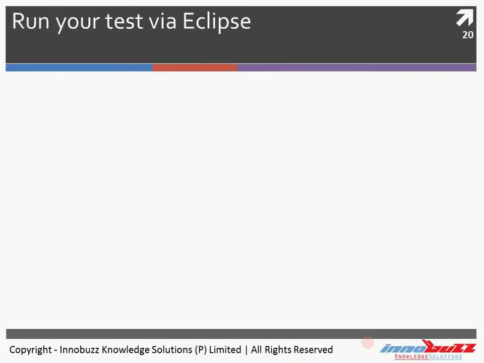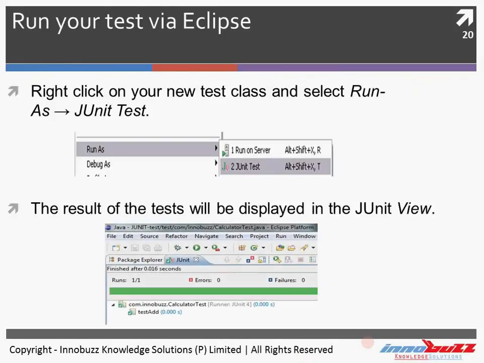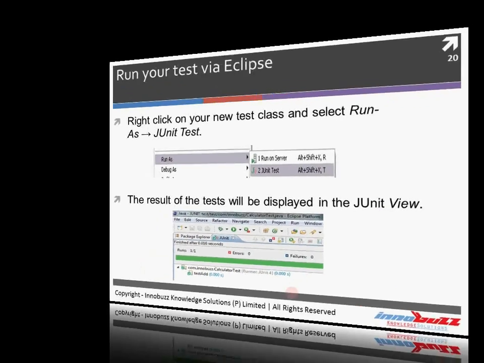Next is run your test through Eclipse. So this we have already seen, right? We just did right click and JUnit test. I showed you. So the result will be shown in this JUnit view. This is the JUnit view which shows you the green bar showing your test class being executed.